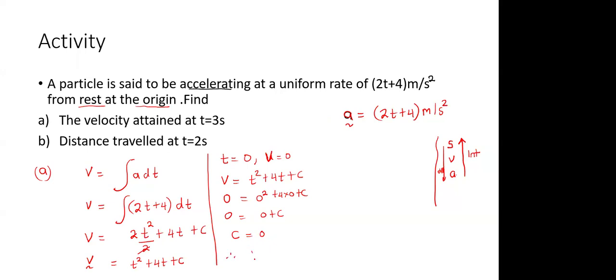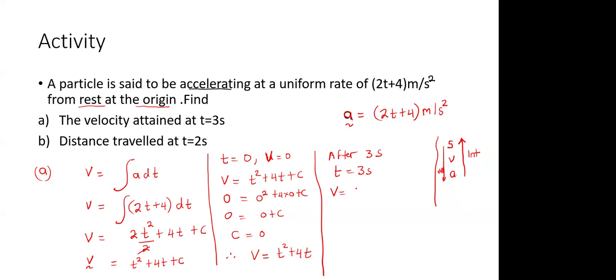And therefore you conclude that my velocity is equal to t squared plus 4t, because the c is 0. Now from there they want the velocity after 3 seconds. So where there is t, you substitute the 3 seconds.